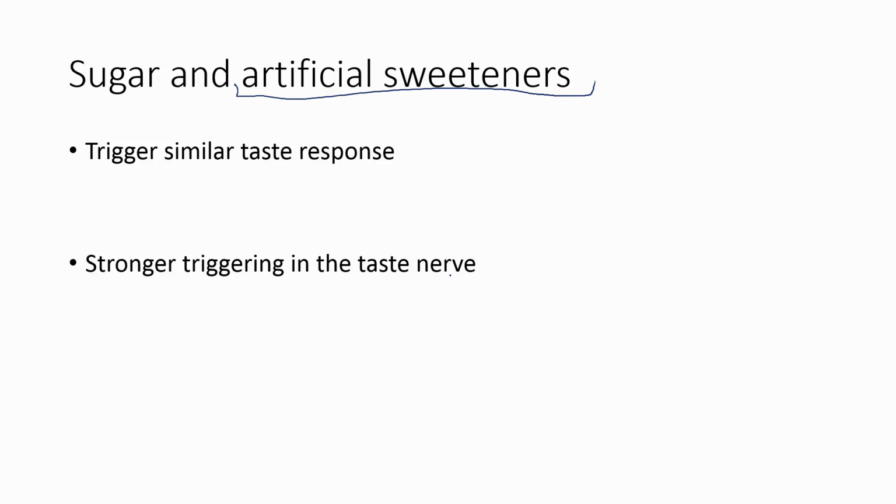So basically it just confuses your body when you trigger it to say that you're eating something sweet, but then nothing sugar related actually makes it into the digestive system.